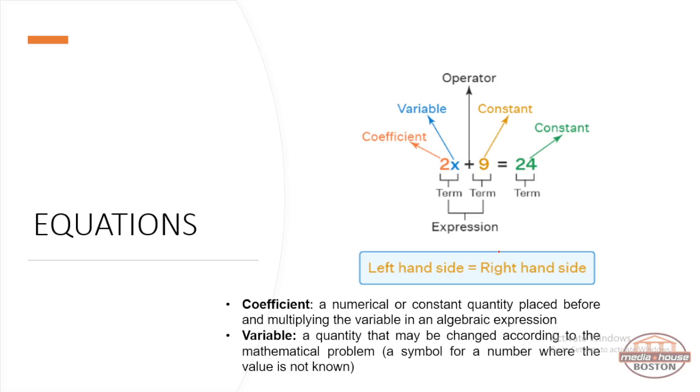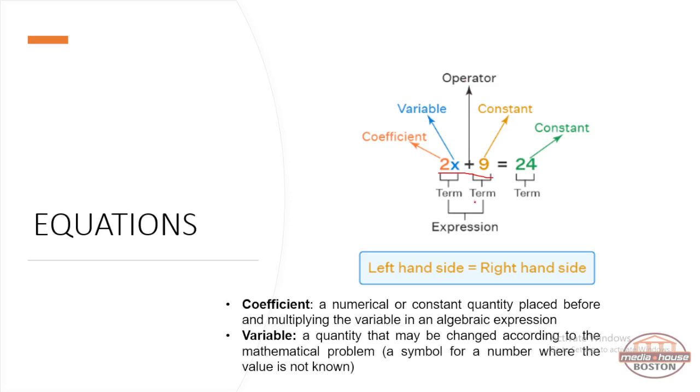So under an equation, we've got terms that are used, and the expression also has its own items with their own explanations. For example, when you have an expression that looks like this, it has what we call a coefficient, a variable, an operator, and a constant.